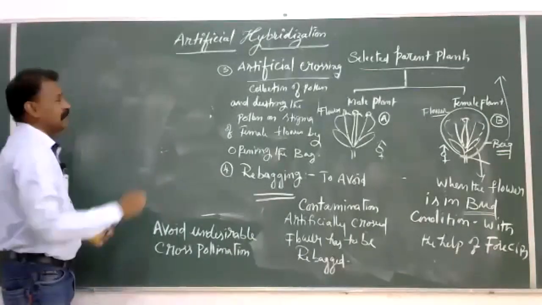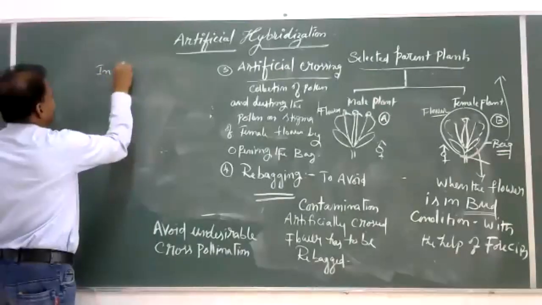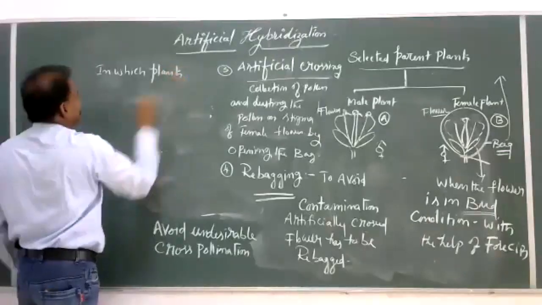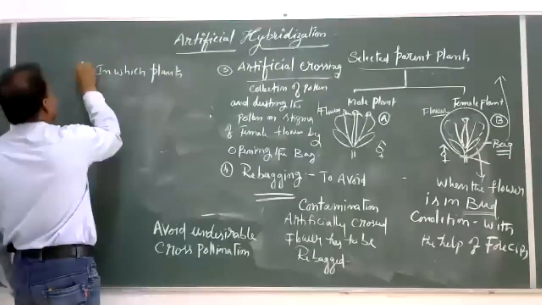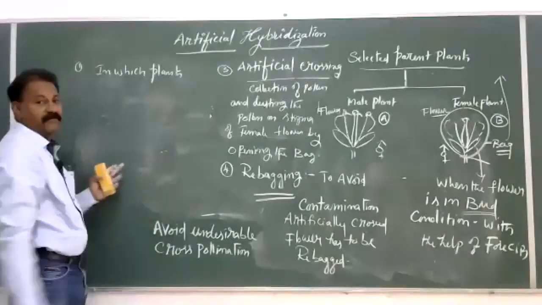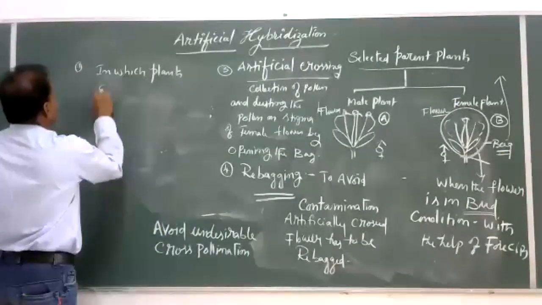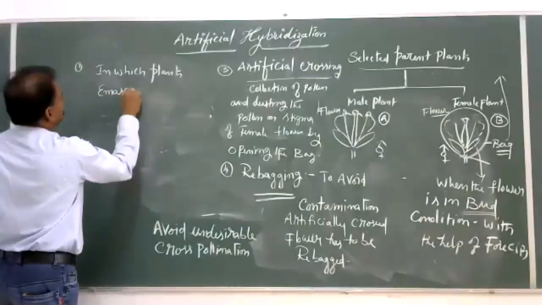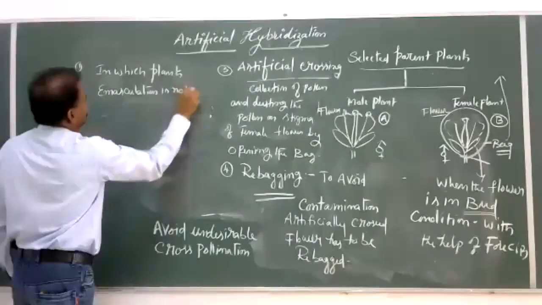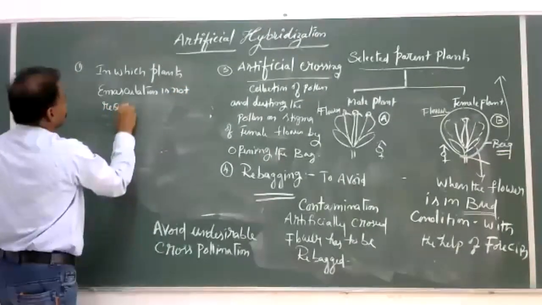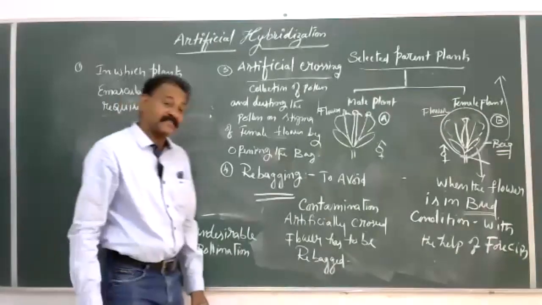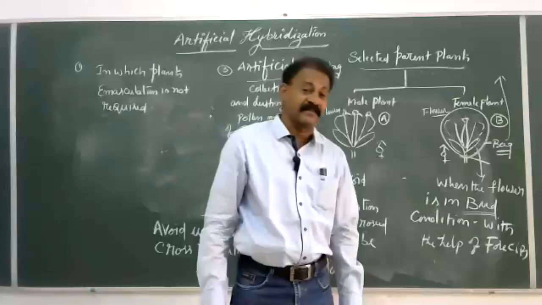They will use "in which plants," or names, "in which of the following plants," or they will give various statements, which may be correct or wrong. In which plants is emasculation not required?